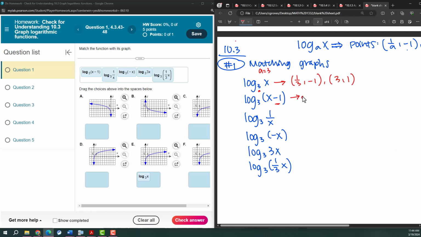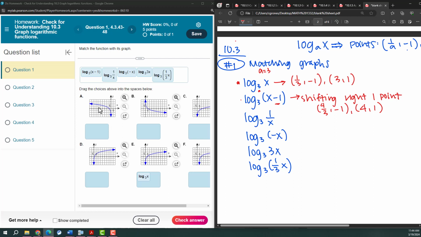So we are shifting right 1 point. So this is pretty much going to be our parent function for this second one. Instead of our points being these points, it's going to go to the right 1. So we would have the point 4/3, -1, and then also 4, 1. It's not going up or down, it's just going to the right.